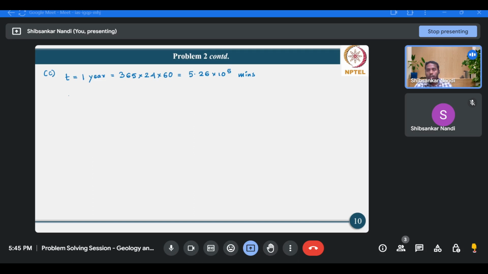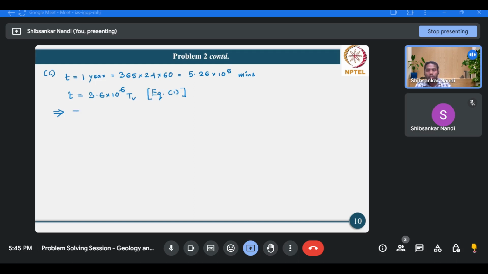Now again we'll use equation 1. T is equal to 3.6 into 10 to the power 6 TV. So this is your equation 1.